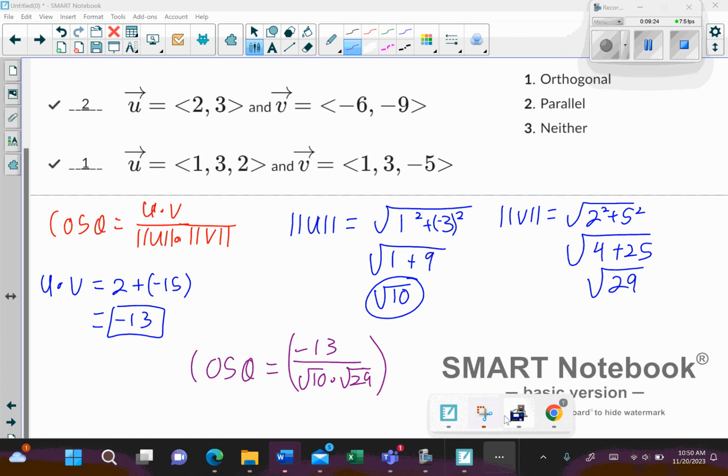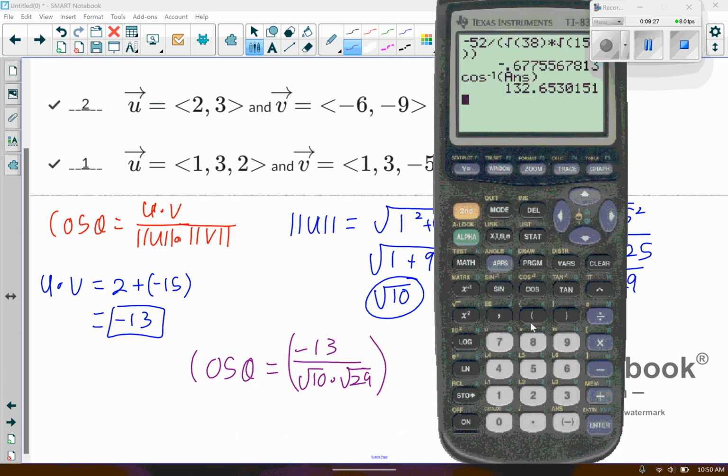So let's grab the calculator. This time we're going to have negative 13 divided by the square root of 10 times the square root of 29. And let's see, what do we get? So we get this value right here.